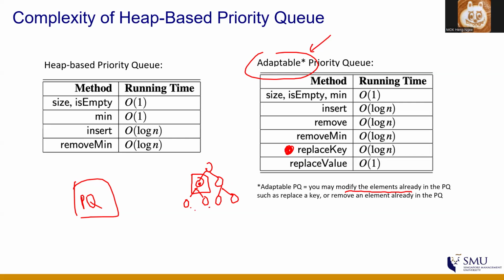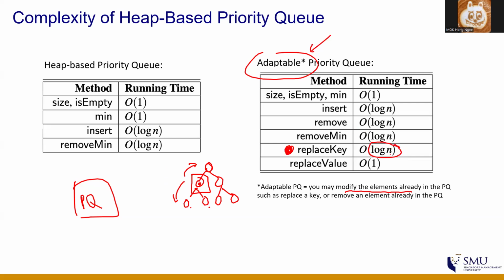If not, it will swap. I will have to check whether it's actually bigger than the parent. If so, that's good. If it's smaller than the parent, I have to do a swap. So I may need to down heap. I may need to up heap if the key of this node is changed. Again, in the worst case, how many swaps do I have to perform when I do a down heap or an up heap?